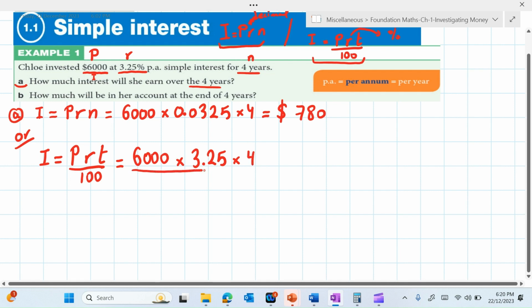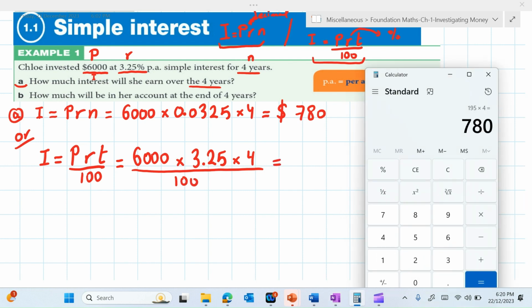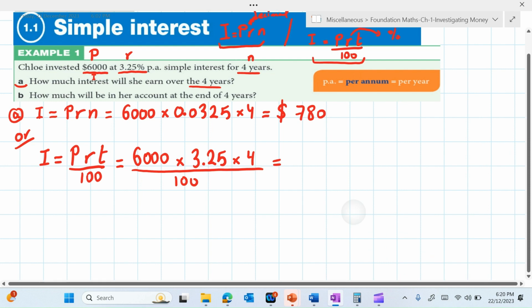All of it over 100. We're going to get the answer using a calculator. So 6,000 times 3.25 times 4. Let's first get the answer and then divide it by 100. So it is going to be $780.